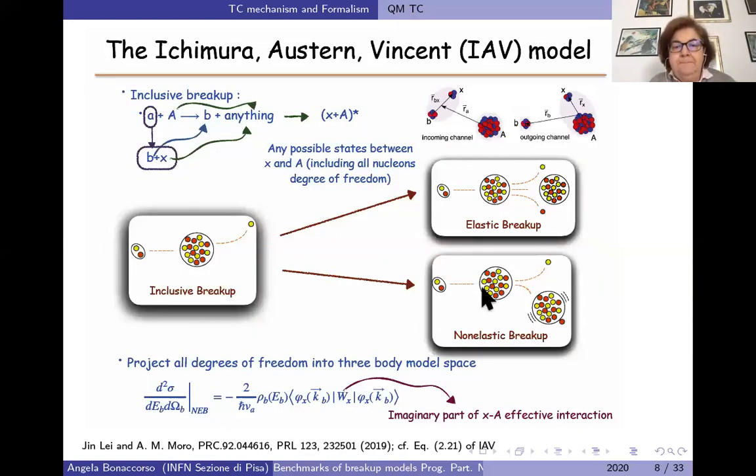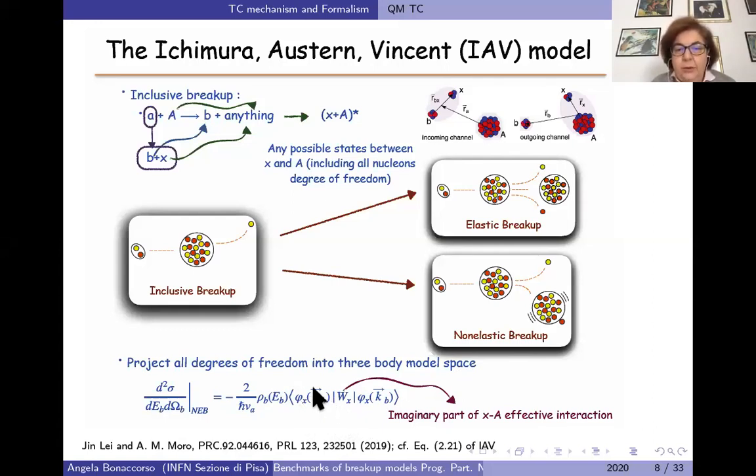So there are these two types of breakup: elastic breakup, I said before, and inelastic breakup, in which the neutron interacts a lot with the target. This is what Jean calculates, and he calculates it through this expression, which is a kind of Fermi golden rule, sum rule. It's a bit complicated to explain in simple terms.